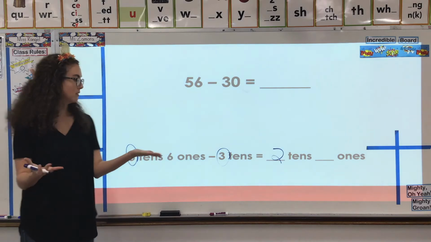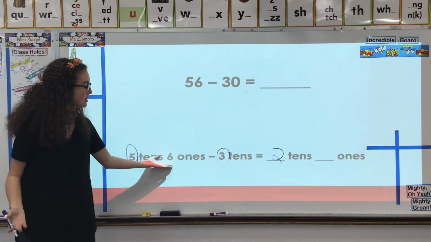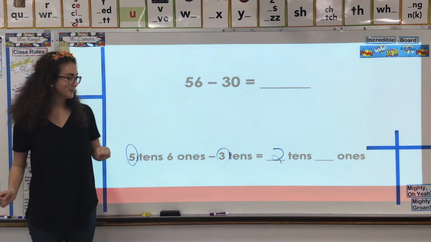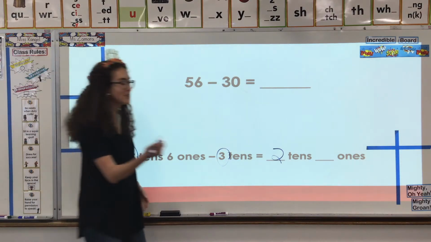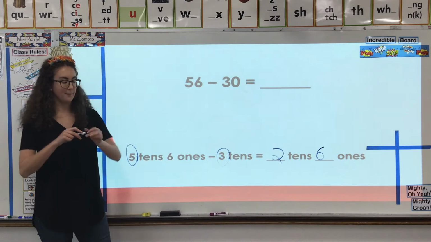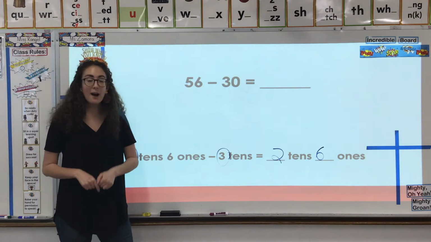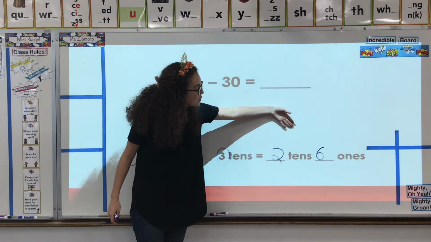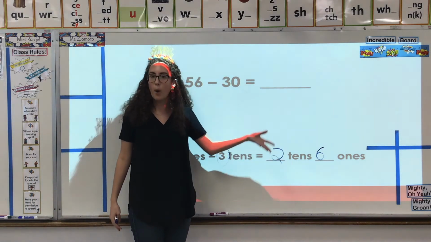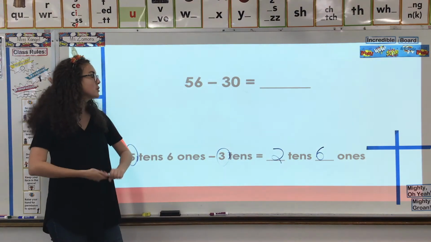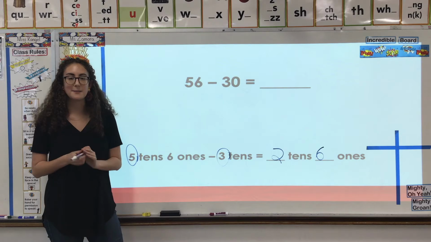What about the ones? We have 6 ones. Are we going to take anything away from the ones? Nope, we still just have those 6 ones, so they stay the same. So now, after subtracting with place value, we have 2 tens and 6 ones left. What would be our final answer? What is 2 tens and 6 ones?